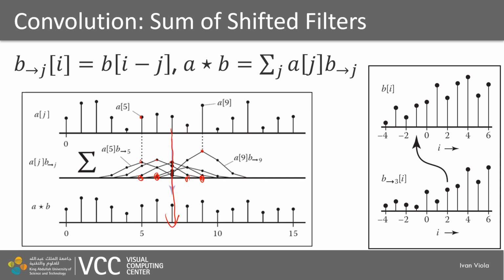So at the output position 7, we will have contributions from this filter kernel, so this is one contribution here, another contribution here, then this filter kernel, which is this value, and then another contribution from this.